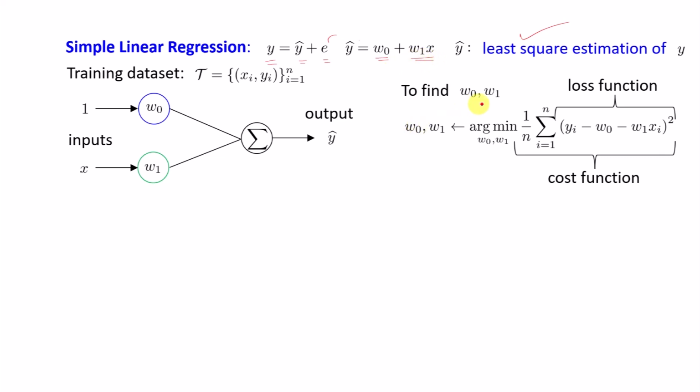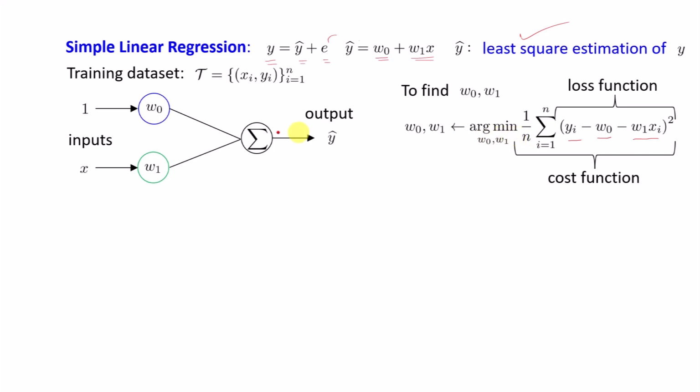To get the W0 and W1, we minimize the cost function, yi minus W0 minus W1xi whole square summed over all i, divided by the total number of data points, that is n here.